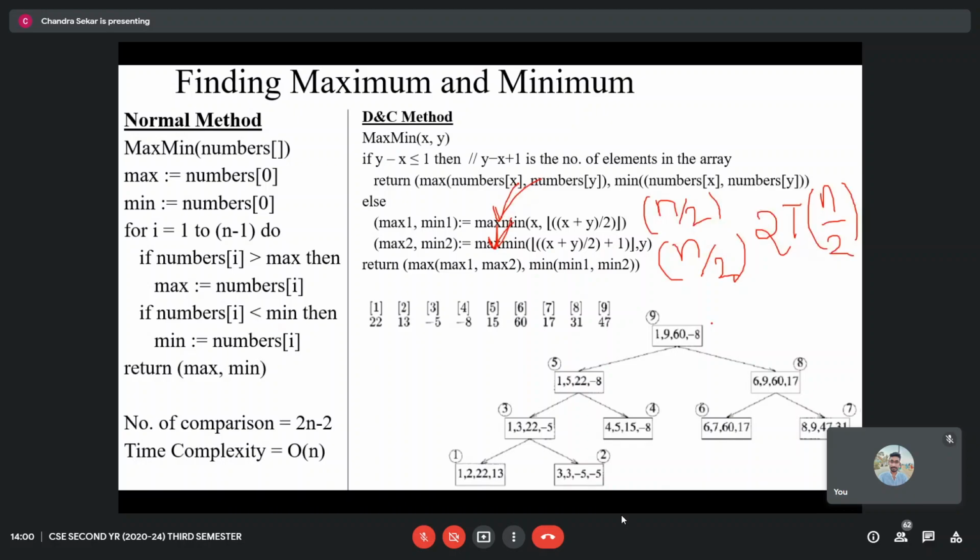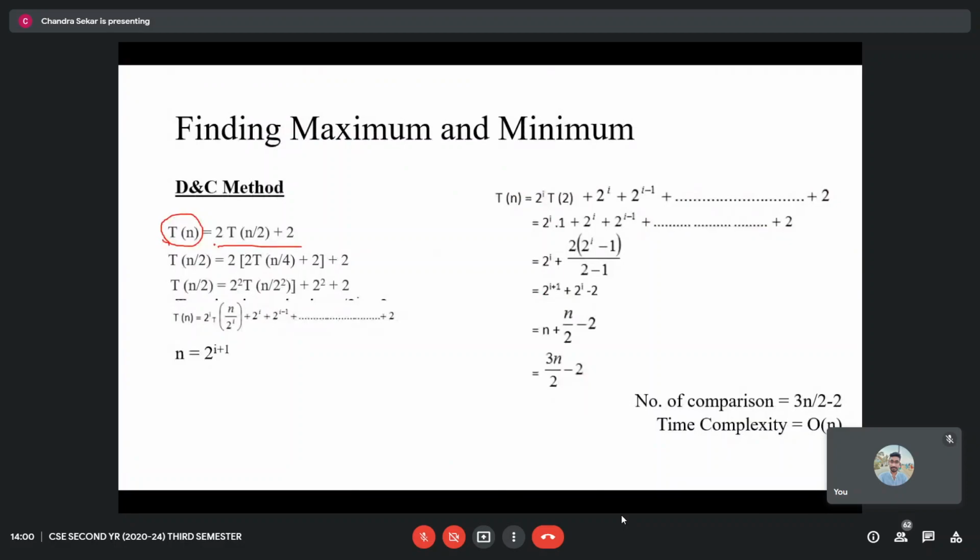And here there is one max and min operation performed, so plus 2. So 2 times t of n by 2 plus 2. That is what is written here. This is the general condition.